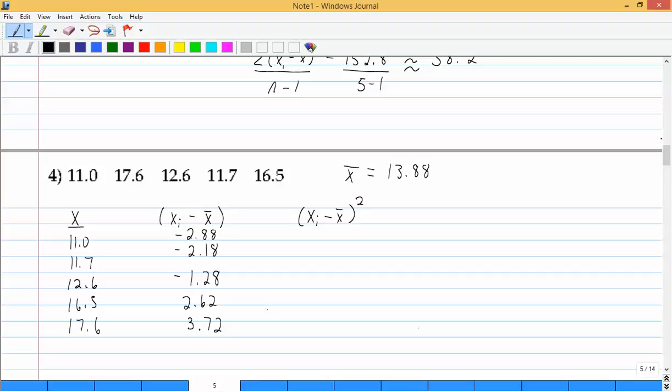Alright, so 2.88 squared, that's 8.2944. Negative 2.18 squared is 4.7524.